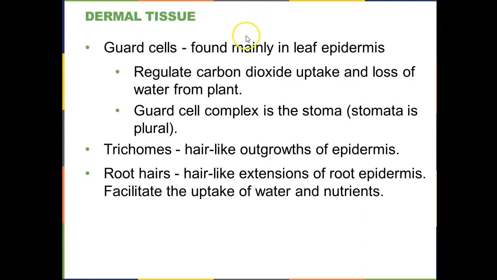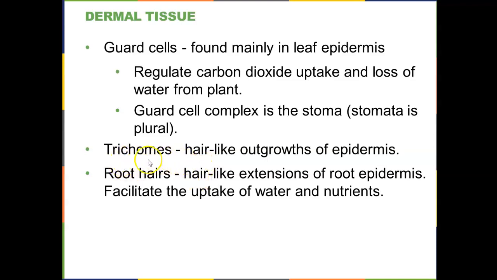Stomata is the plural, one stoma, is the opening between two guard cells. When they close up tight, the stoma is closed. When they inflate with liquid, they actually open up, and that causes the stoma to be open.